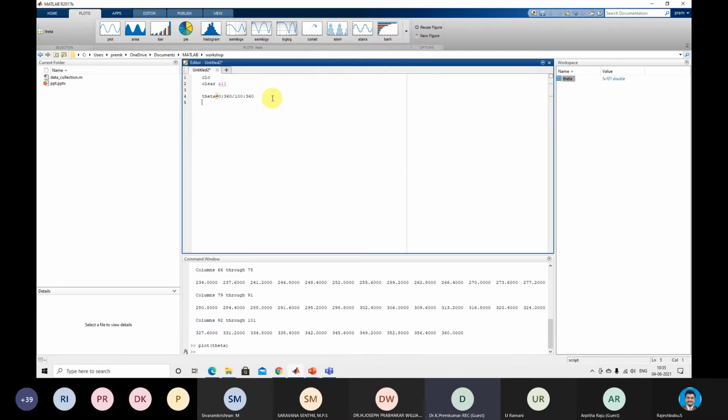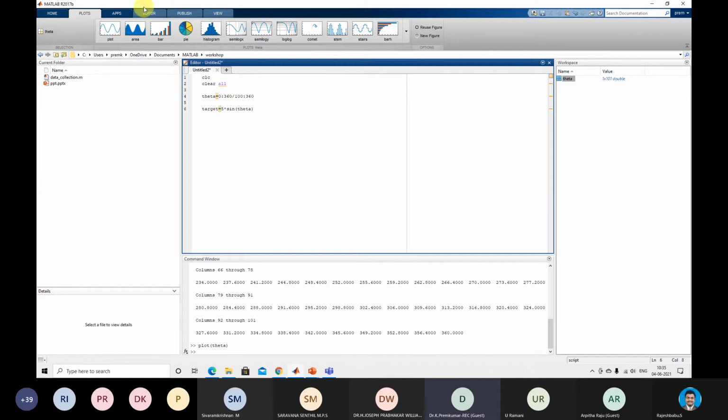Next I'm going to generate the target data. I'm going to consider the amplitude of that sinusoidal waveform equal to 5, so target equals 5 star sine of theta. It will generate the data for the target.